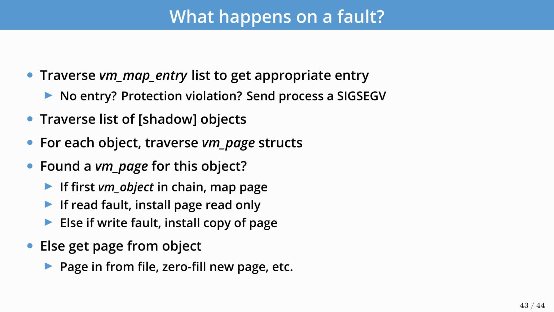Anything after that, the second or third shadows, or the backing object after that, will be read-only. So when a write fault occurs, what we'll actually have to do is take the page, create a duplicate of the page, insert it into the shadow object so that there's a private copy of that page, and then map that new page as writable.